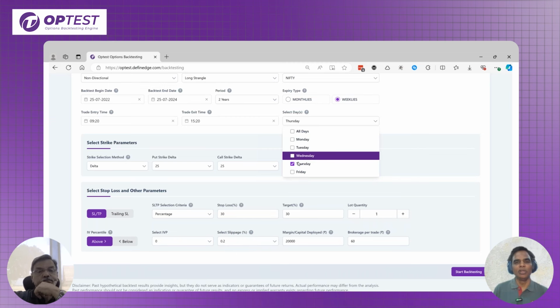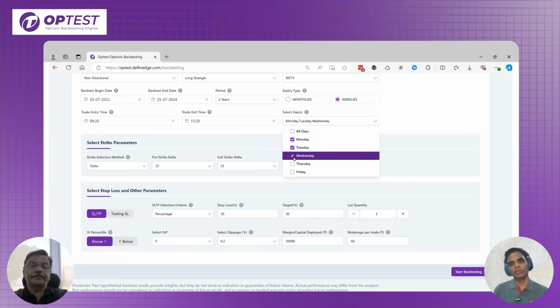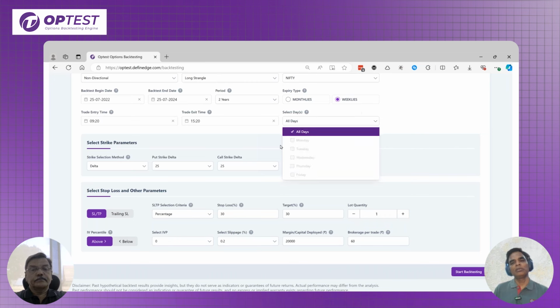Wednesday, for example. You can select that particular day. It can be multiple days also, Wednesday and Thursday. Yes. It's totally customizable. So by default it is all days.